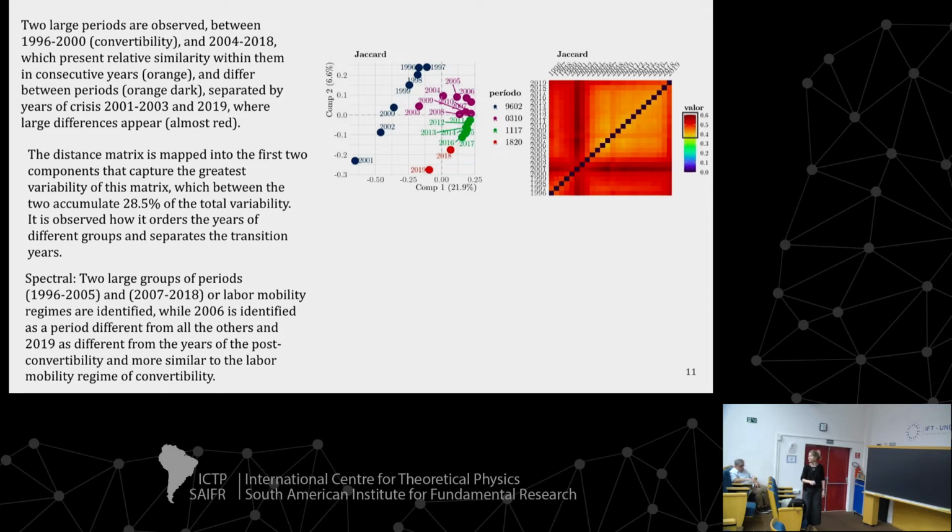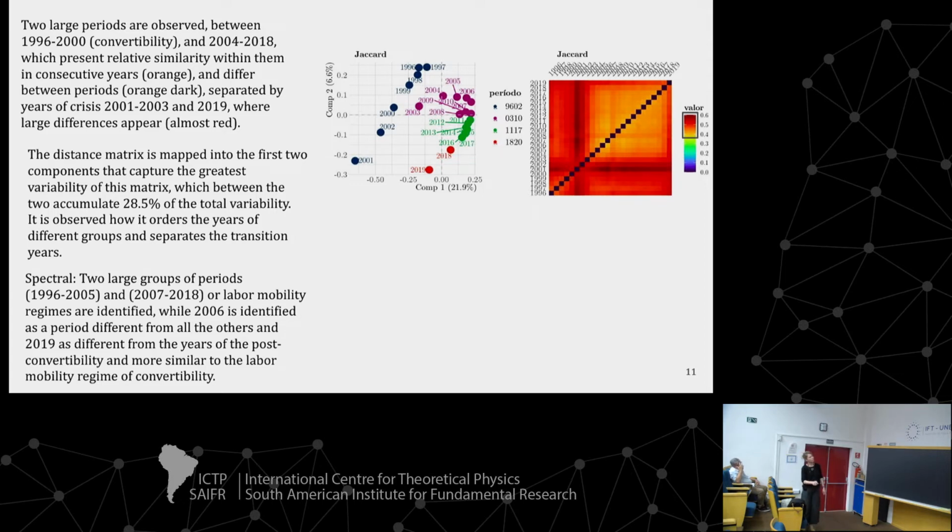Do you see that? Yes. So we can see that between 96 and 2000, this is one group, yes? And then we have another one, which is from 2004 to 2018. And then we have this much darker, almost red, and then we have the year 19, okay?